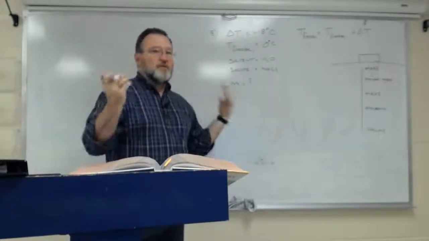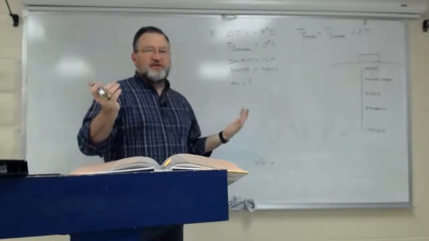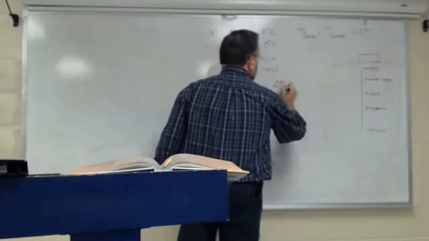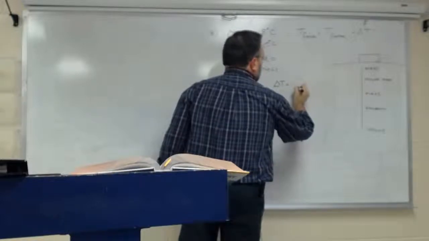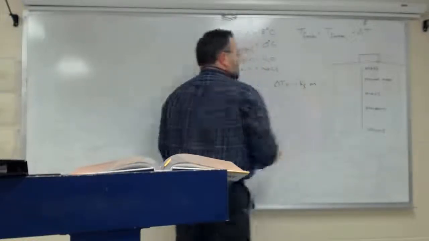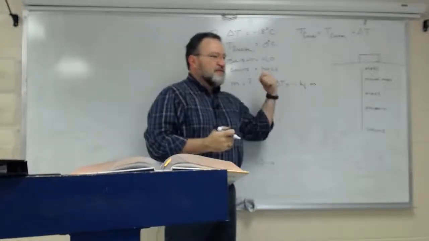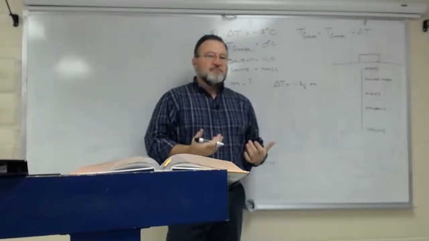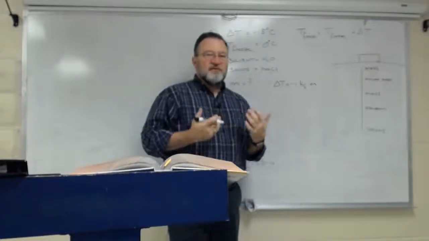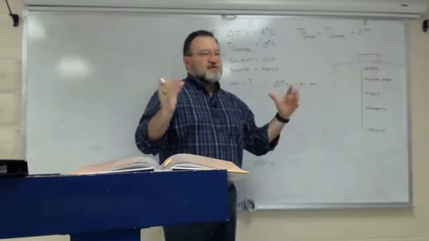Hopefully you know it's the one formula we have that looks for change in temperature, right? So let's go ahead and throw that formula up here. Delta T equals negative 1 I K sub F M. Now I don't put the little X's between them like they do in the book because to me that's confusing. Hopefully you get to the place where you know that those are multiplication signs.